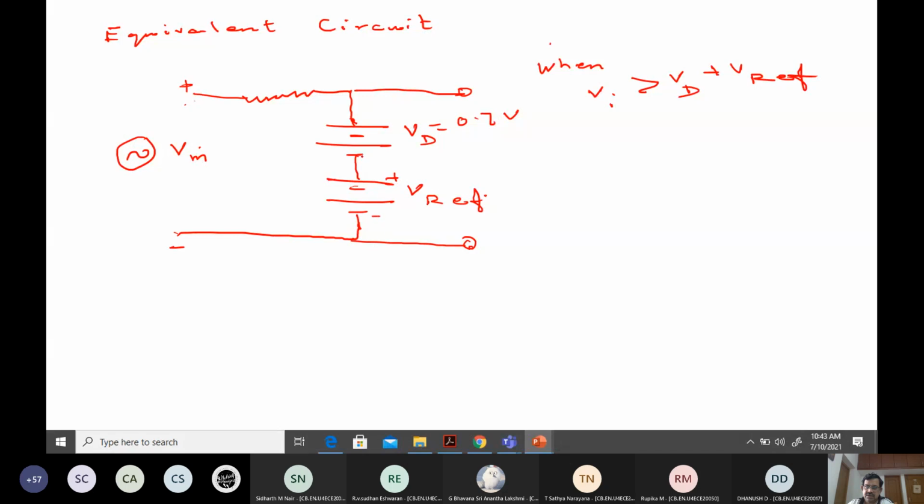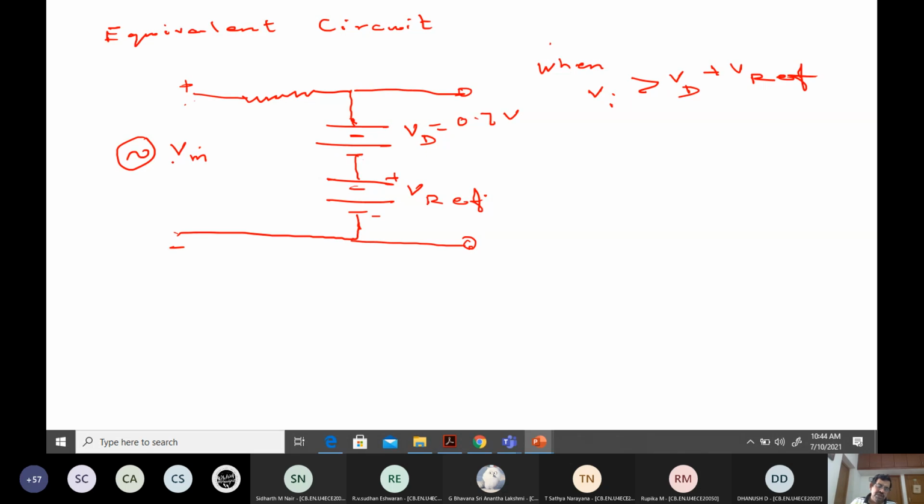Let us say I put 5 volt here, and there is already 0.7 here. So definitely the total drop across this will be 5.7. Now my input should exceed that 5.7 to enable conduction. For any voltage less than that, let us say here it is 5, but my input is 4 volt here.